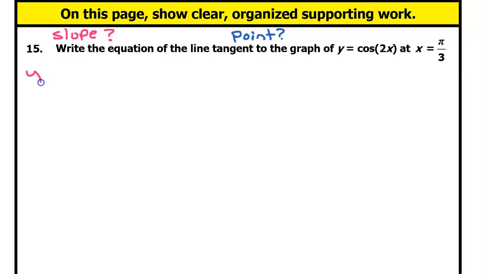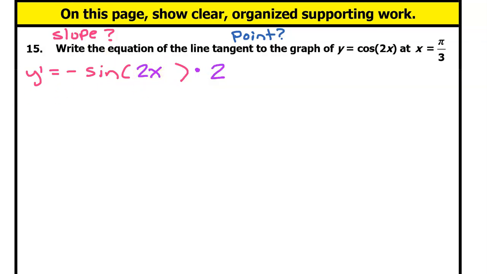So y prime equals, I can see we will need the chain rule. Let's start by taking the derivative of the outer function, which is cosine. The derivative of cosine is negative sine. So I have negative sine of stuff. For right now, we will leave the inner part the same, but then we must multiply by the derivative of the inner part, which will be 2.